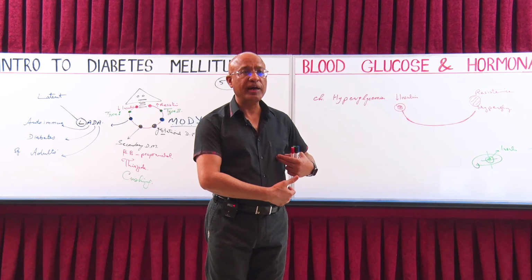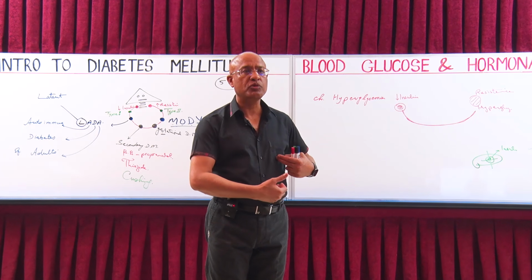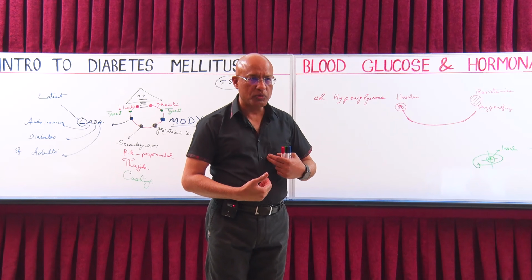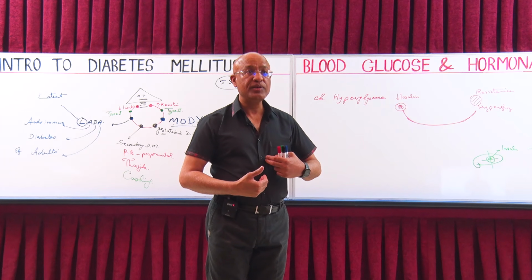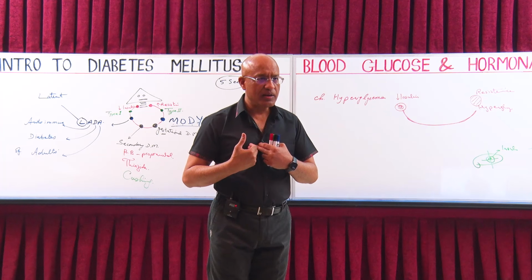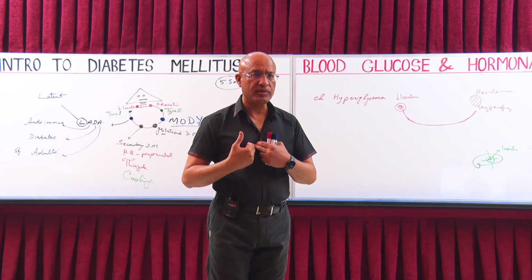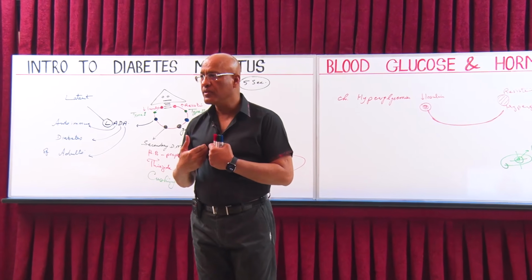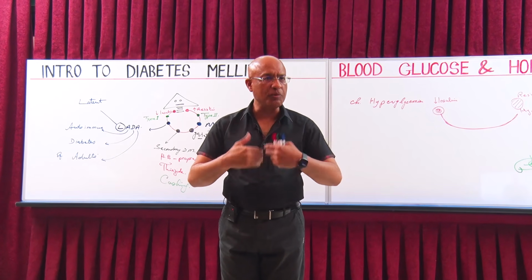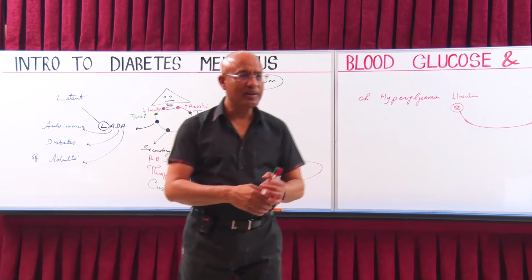So, breakdown of adipose tissue and lipolysis produces free fatty acids, and amino acids are also broken down due to catabolism of the proteins. Both of them, free fatty acids and amino acids or their derivatives, are supplied to the liver, and in the liver steroids increase the process of gluconeogenesis, and the liver starts producing glucose, right?